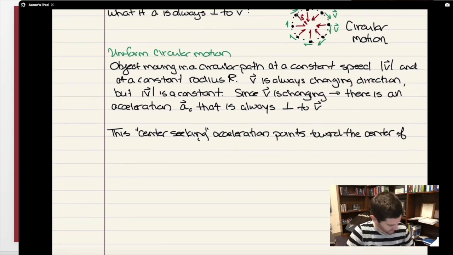My penmanship is not good today. I'm sorry. Center of the circle. This acceleration is also called the centripetal acceleration.